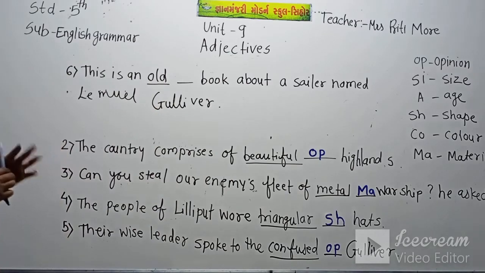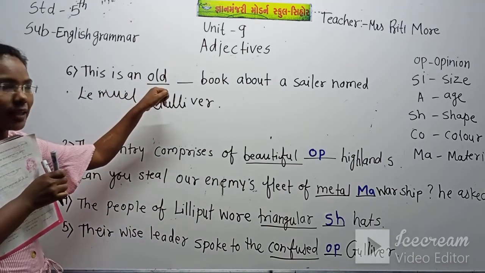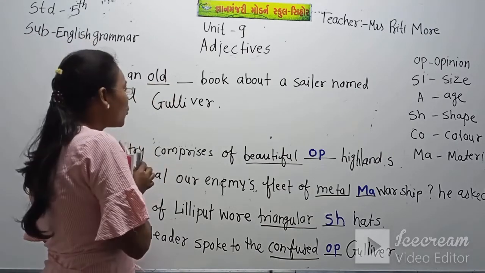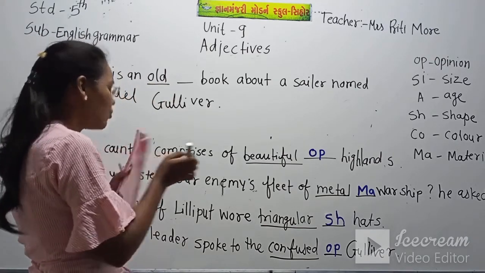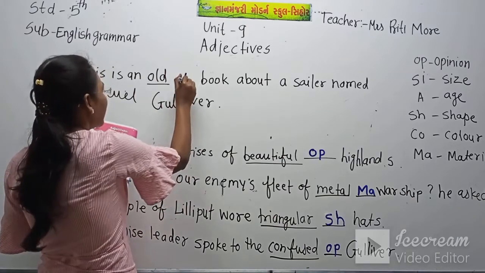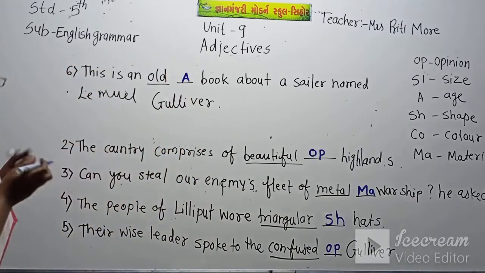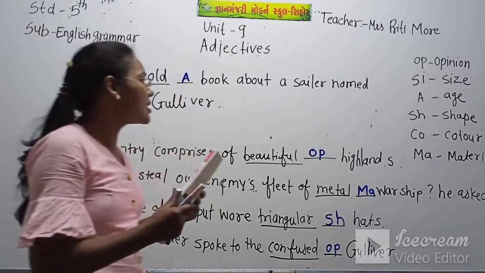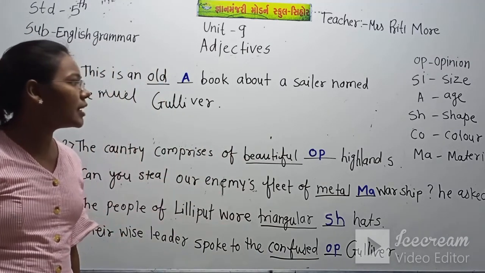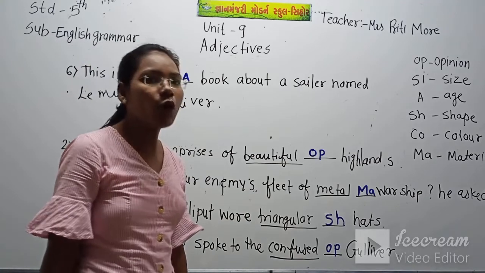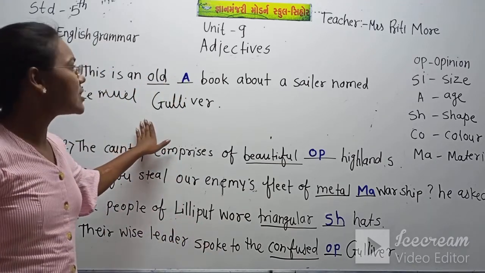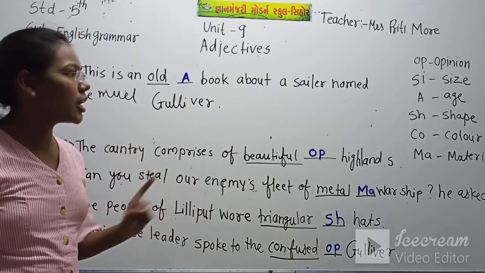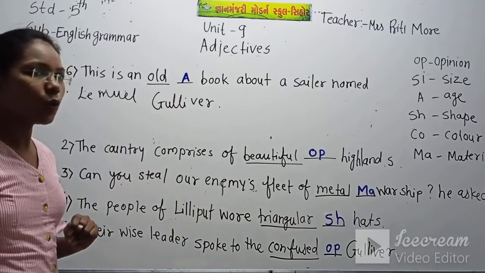Now this old adjective is highlighted there. So this old is age. So what will come here? A. Now here we have completed all the six sentences which had highlighted words, and we have written the short form of them, whether it is indicating the size, age, shape, color, material or opinion.